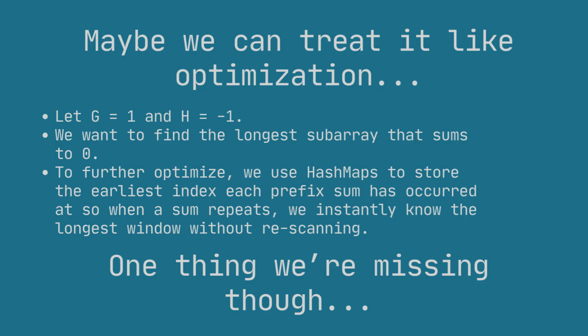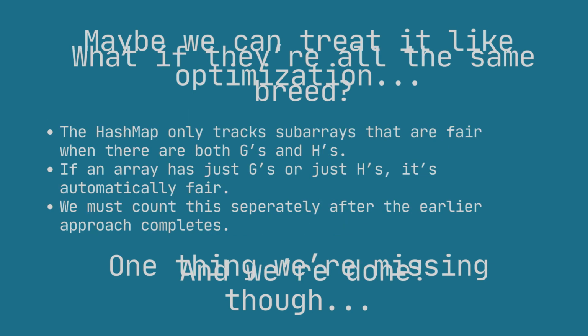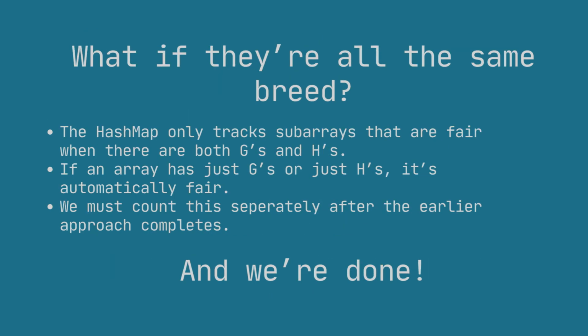But we're missing one thing though. What if they're all the same breed? The hashmap only tracks subarrays that are fair when there are both G's and H's. If an array has just G's or just H's, it's automatically fair. But our hashmap doesn't count that, so we need to count this separately after the earlier approach completes.